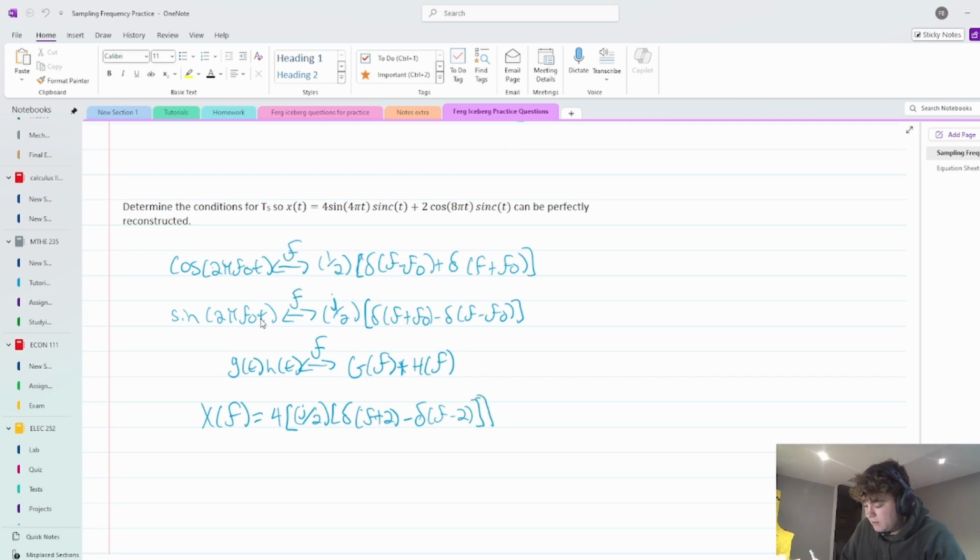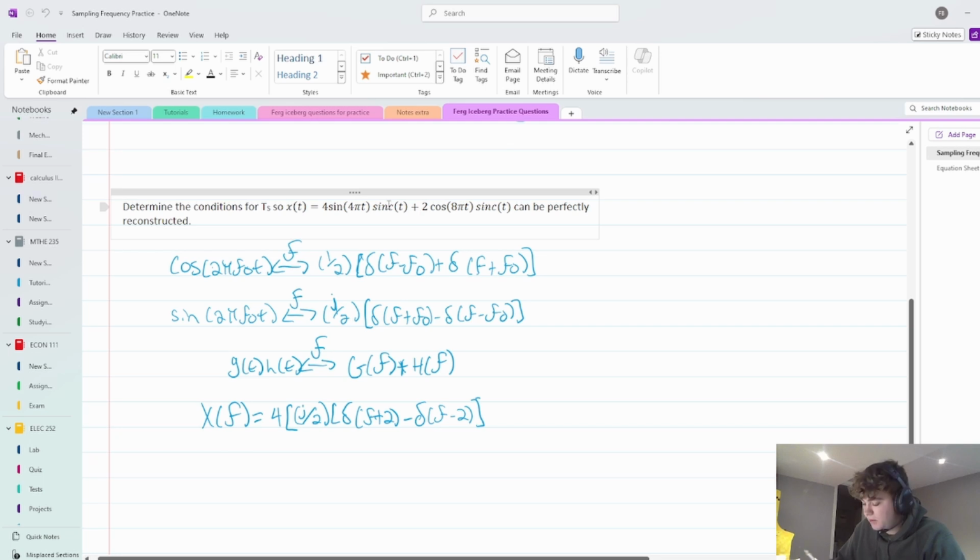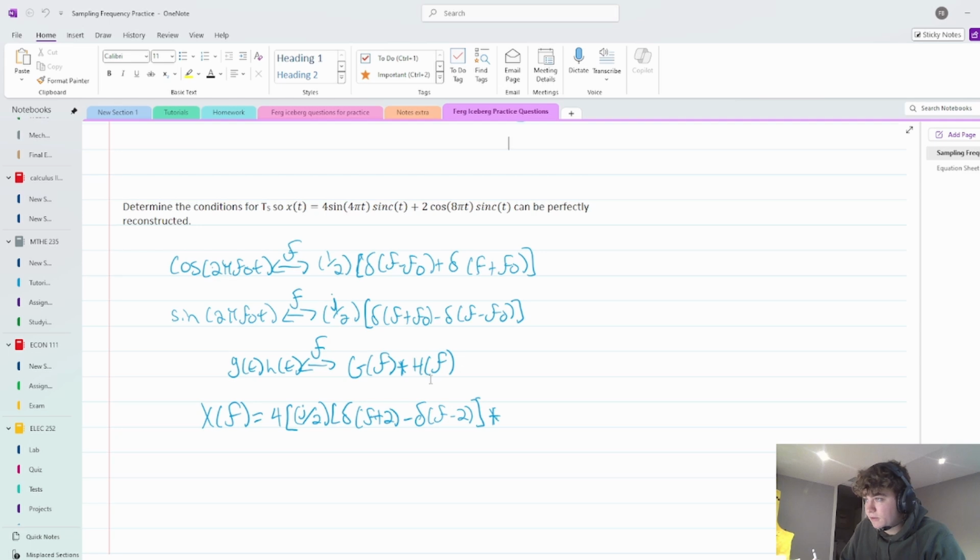And then that is convolved with the sinc function here, whose Fourier transform, as mentioned before, is just rect f. So that's what you'll end up with for that one. And then next, you can do the convolution for the other terms.